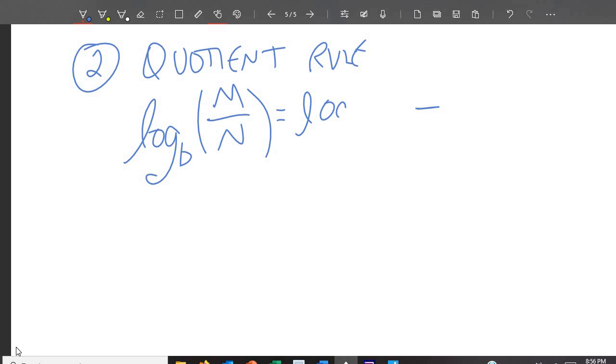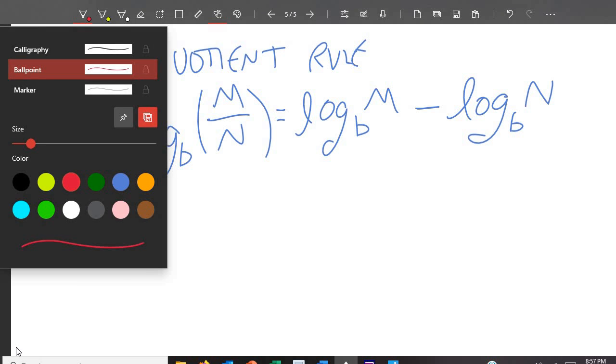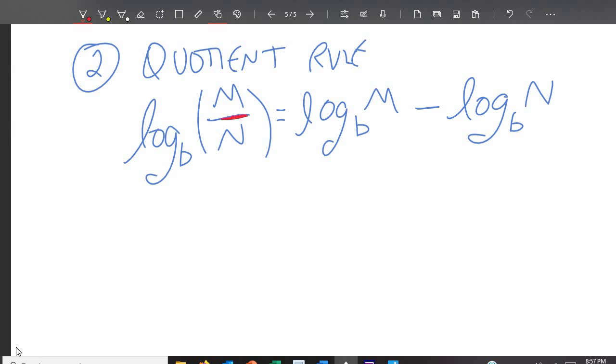You take the log of the numerator, you put a subtraction sign, and you take the log of the denominator. It's a fraction, so it turns into subtraction.